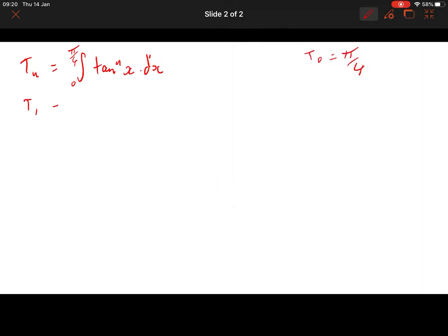T of 1 is the integral between pi over 4 and 0 of tan x. And actually quite recently we've discussed how to integrate tan x. You're going to integrate instead sine x over cos x and use a substitution of u is equal to cos x.